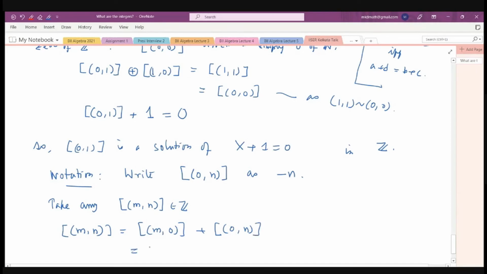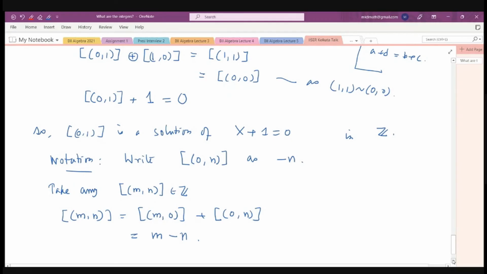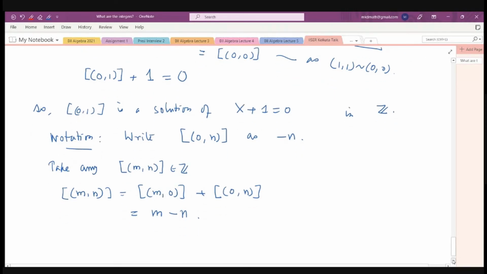Now, this m comma 0 is simply m, a natural number, and I have introduced this symbol 0 comma n. This class I will represent as this minus n or dash n. So, this is indeed minus. Actually, what I have done here, to get a solution of that equation x plus 1 equal to 0, I have added the negatives. So, construction of integers was about accommodating the negatives. So, that is how I got the bigger structure.